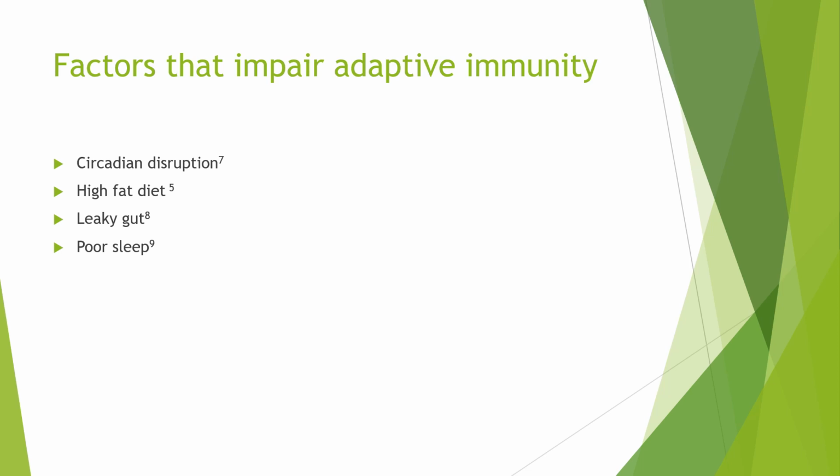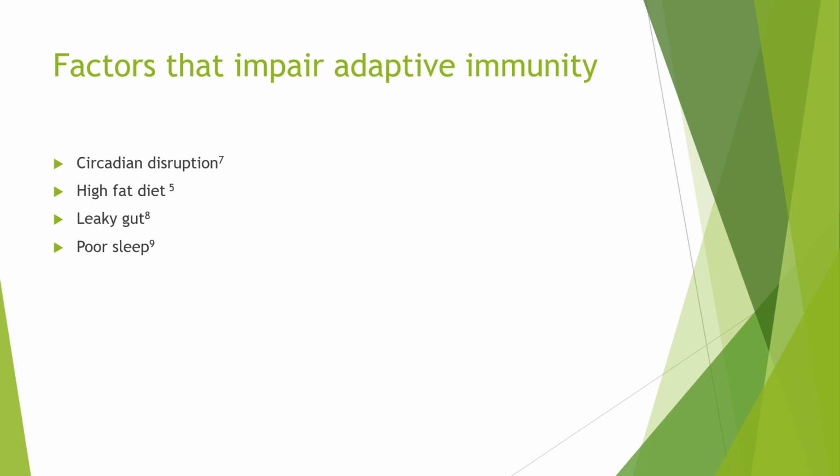Now we also have a few more acute factors, certainly ones that are easier to address than, say, obesity, type 2 diabetes, and fatty liver. Those things take months to change, and of course you can't really change your age. But there are other things we do day-to-day that can really have a negative effect on our ability to fight a virus.